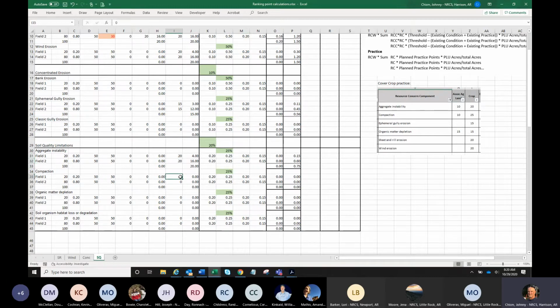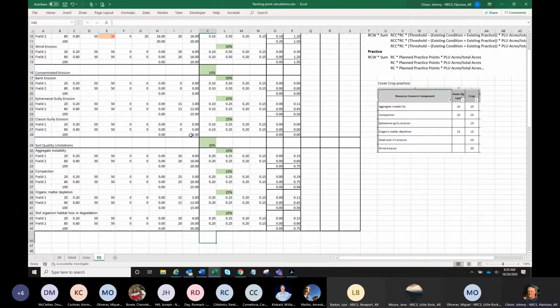For compaction, he gets 25 points. For organic matter depletion, he gets 15 points. And for soil organism, I think it was 20. I don't know why that one's not showing up there. He also gets 20 points for that.